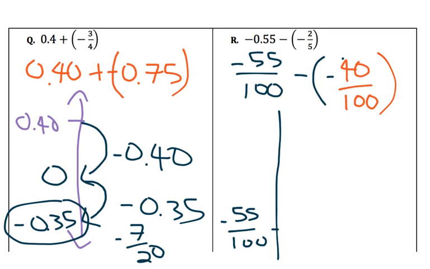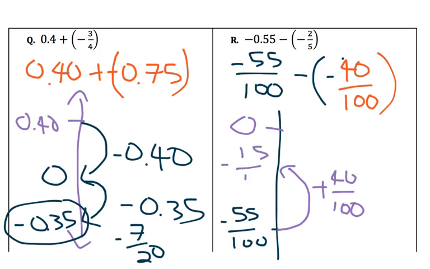Now, because 40 isn't as big as 55, I know we're actually not going to pass 0. We're going to get close to it, but we're not going to pass it. As we get closer to 0, the numbers get smaller and smaller. So I think to myself, 55 minus 40 is 15. And that's why the answer is -15 hundredths.